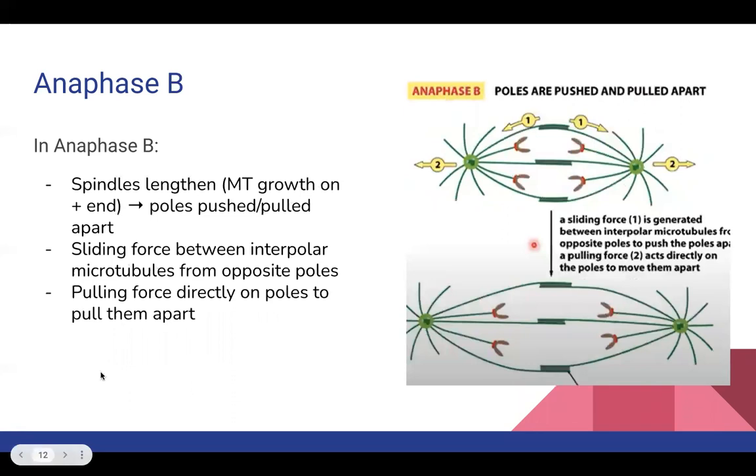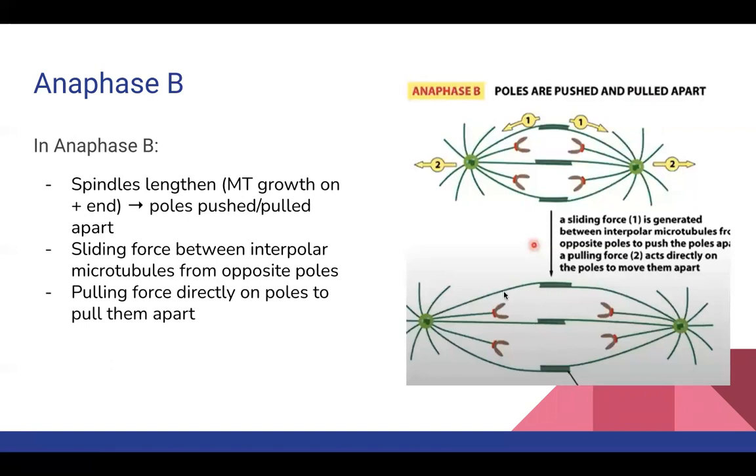But then in anaphase B, the spindles will begin to lengthen. The microtubules will grow on the plus end just in this middle pole area. So the poles are going to be pushed and pulled apart, pushed by the middle areas and then pulled towards the outer edges of the cell. And then there's going to be that sliding force between the interpolar microtubules from the opposite poles, which is that middle area.